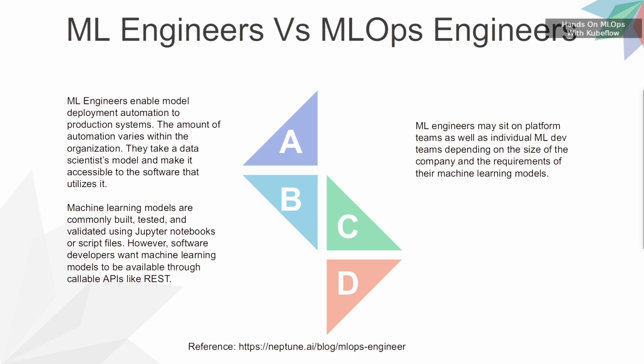However, software developers want machine learning models to be available through callable APIs like REST. And ML engineers may sit on a platform team as well as individual ML development teams depending on the size of the company and the requirements of their machine learning models.